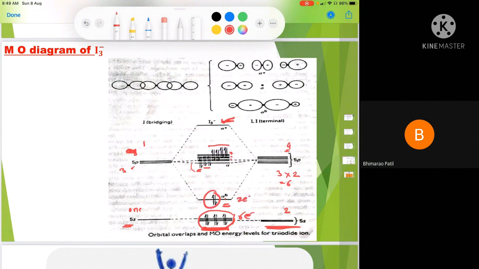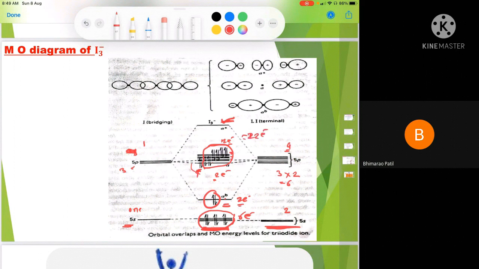Then you see this is the bonding molecular orbital, and all these are anti-bonding molecular orbitals. This becomes 2 plus 2 plus 2 plus 2 plus 2, and so on. These 6 2s are 12 electrons, and this is the 2 electrons. Then 6 plus 2 is 8, 8 plus 2 is 10, 10 plus 12 becomes equal to 22 electrons. Total 22 electrons are here.